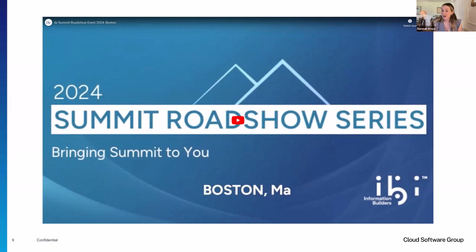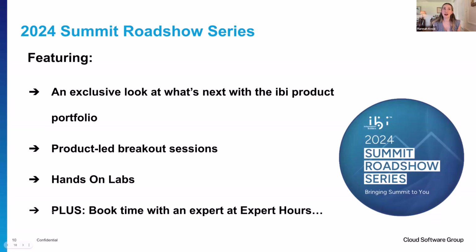So if you haven't already registered for Arlington, go do that today. We still have some spots available. We're very excited to get to come to you and show you the latest and greatest with WebFOCUS 9.3. We have product-led breakout sessions. We have hands-on labs. The expert room is open where you can bring your laptop and show your deployment to an IBI product expert and get feedback on any roadblocks you're hitting, or if there are new features that you wanted to explore and you're just trying to figure out how to implement those in your deployment.